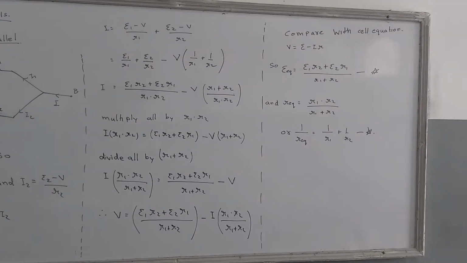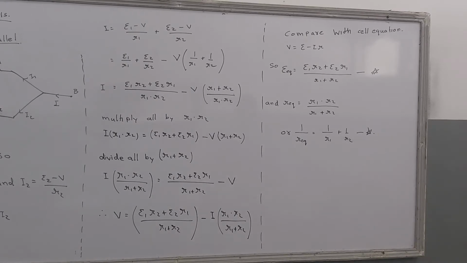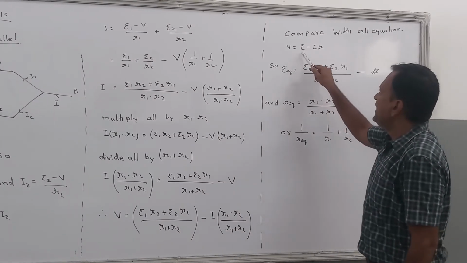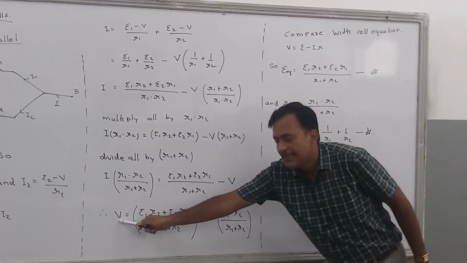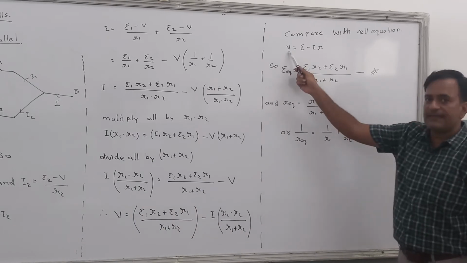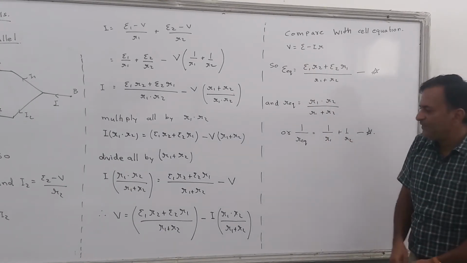This equation is now compared to the cell equation, V is equal to epsilon minus IR. This is comparable to this. Finished.